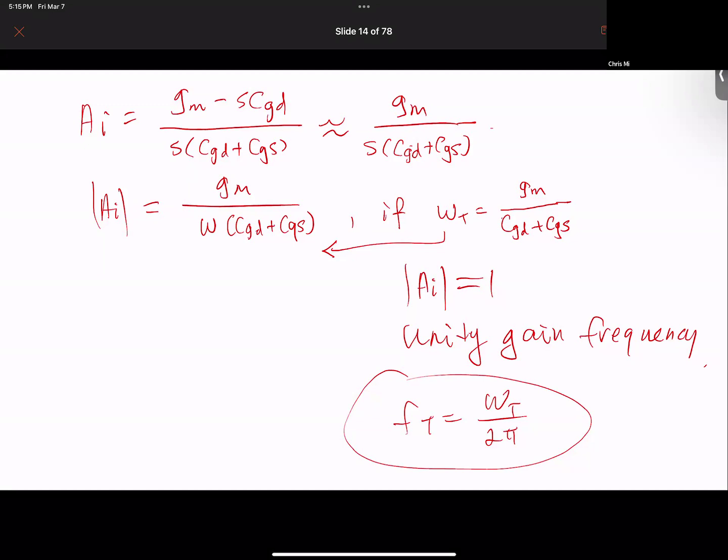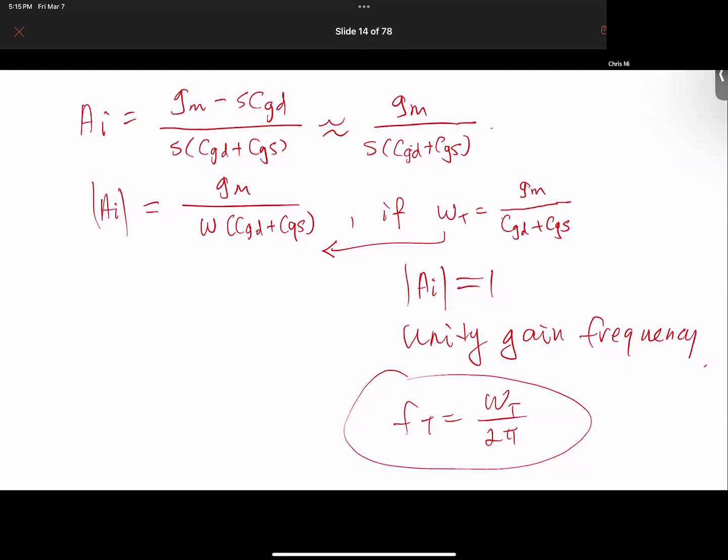Anyway, knowing this unity gain frequency is important because that's the point where your gain gets so low that you want to stop. So what is the frequency for any given device: hertz, kilohertz, megahertz, gigahertz? If you look at the example in the book, this frequency is typically in the gigahertz range.